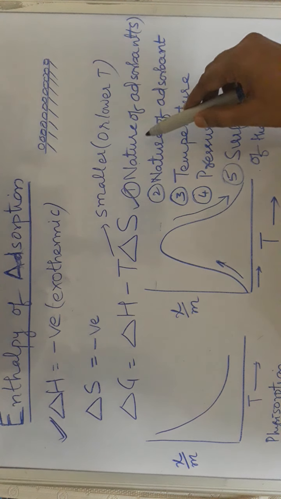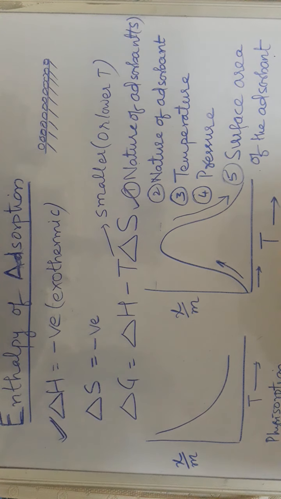If we want to increase the surface area of the adsorbent, there are some ways to do so. You have studied that d-block elements, which are metals, are good catalysts because they have larger surface area. On the other hand, charcoal is a common adsorbent used in solid-gas adsorption.